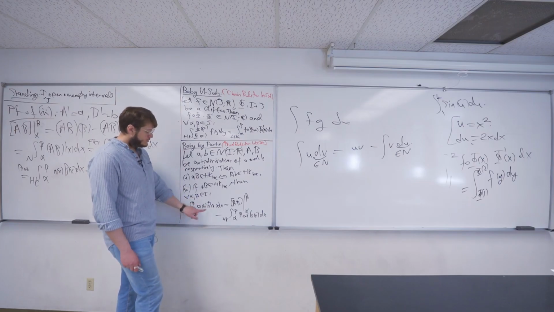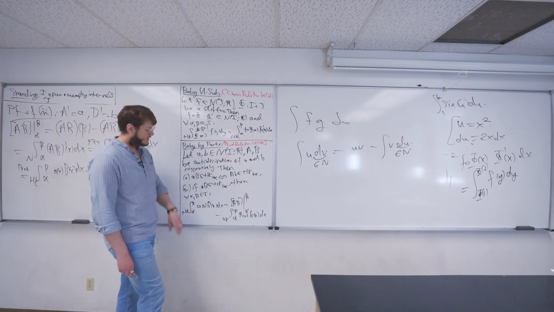In this version, we're assuming that uppercase b is differentiable. Okay? It's an antiderivative.